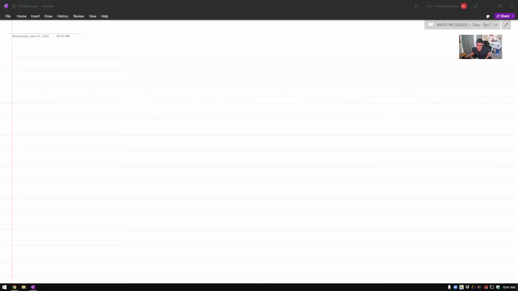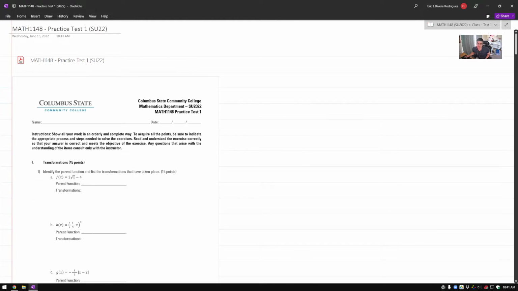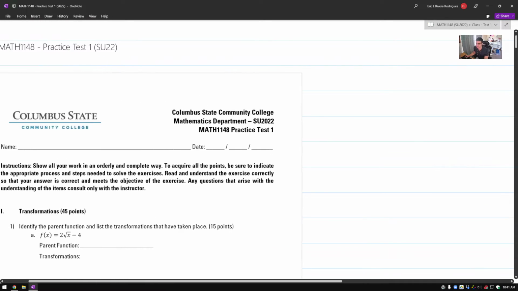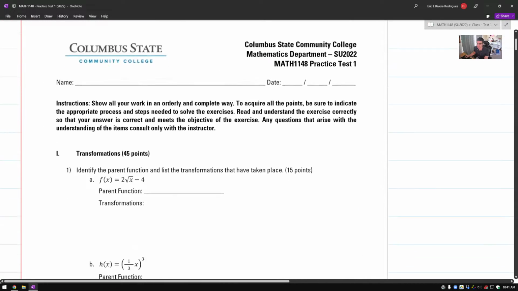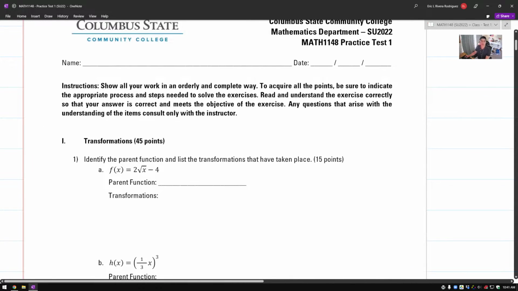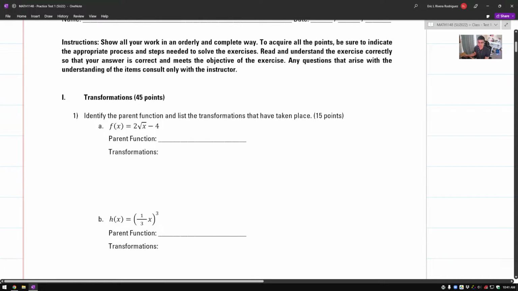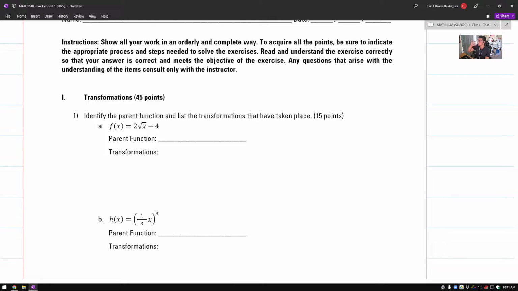Okay, so practice. Here is practice. So print out. Okay, so you tell me the number of the page and the number of the exercise. You there?